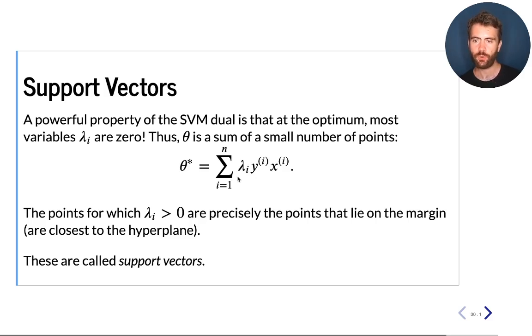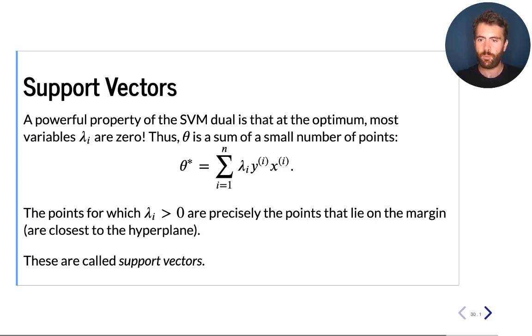But you can also make a really intuitive argument for why that would be the case. Here, theta are the parameters of the hyperplane, and we are looking for the hyperplane that's as far as possible from the points in our data set. We have a set of points that is close to the hyperplane and a set of points that is far from the hyperplane. If we shuffle around the points that are far from the hyperplane, it shouldn't really change where that hyperplane is.